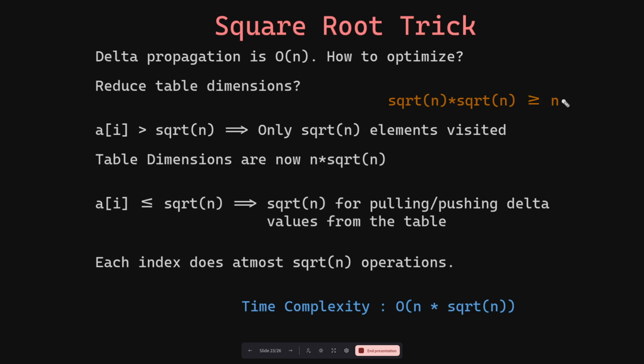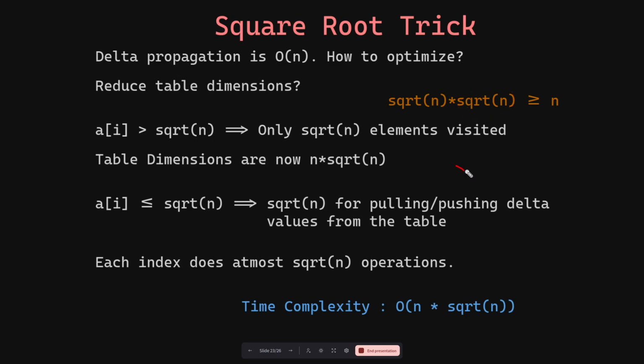So it means that every time in the array we encounter an element that is greater than square root n, we can manually update all the elements by ourselves instead of relying on lazy propagation, because manually passing on the contribution will only take O of square root n time, and O of square root n time per index is acceptable.